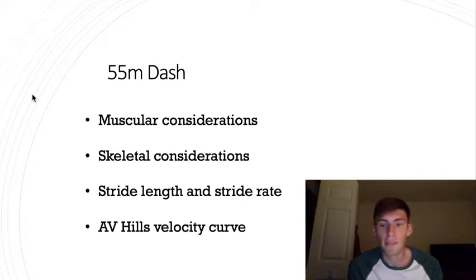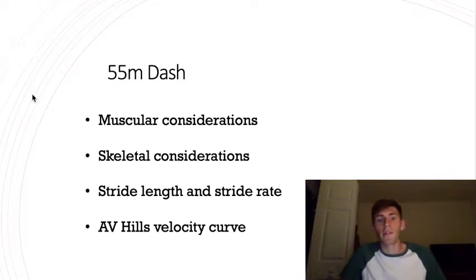Some skeletal considerations, the bones that are used when sprinting are the femur, tibia, and the fibula, which are the three that take the most impact, but you use most of your 206 bones to sprint.